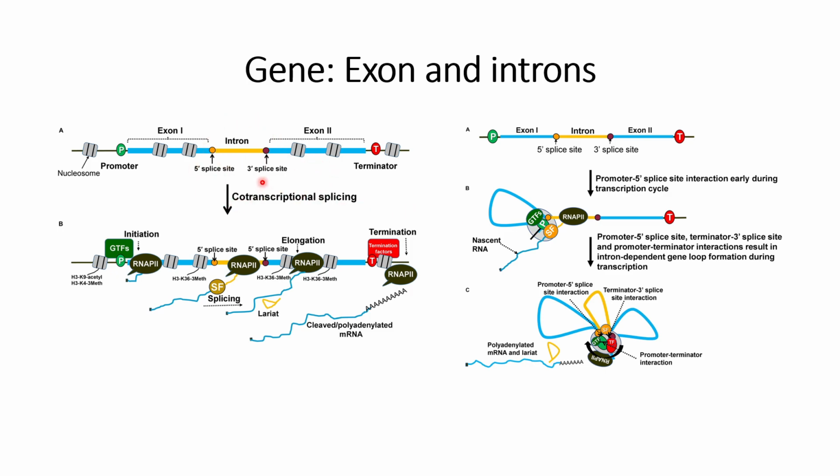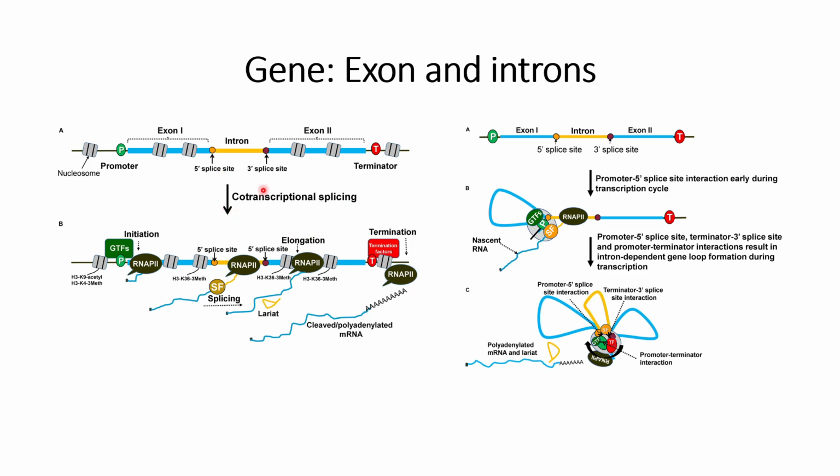Let us first understand what is shown in the left figure. Here co-transcriptional splicing is shown, that is, during the transcription of DNA to RNA, the intron removal takes place during this transcription step.